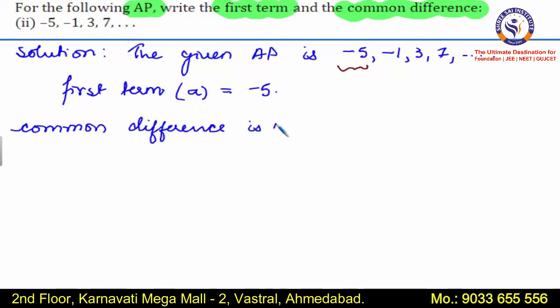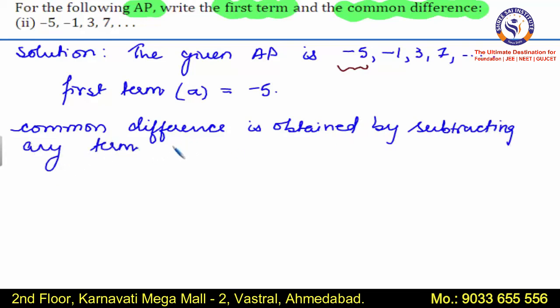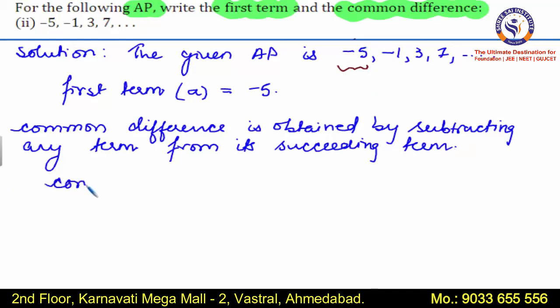Common difference is obtained by subtracting any term from its succeeding term. Suppose if we take minus 5 to get the common difference, we will subtract minus 5 from its succeeding term, which is minus 1.